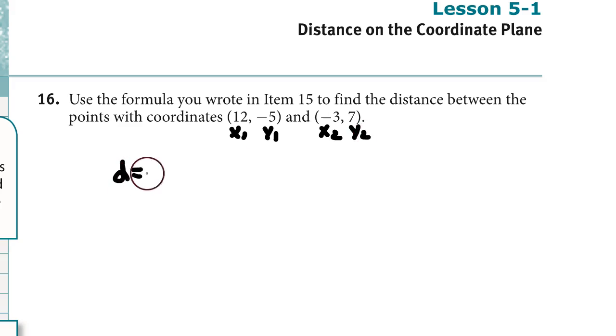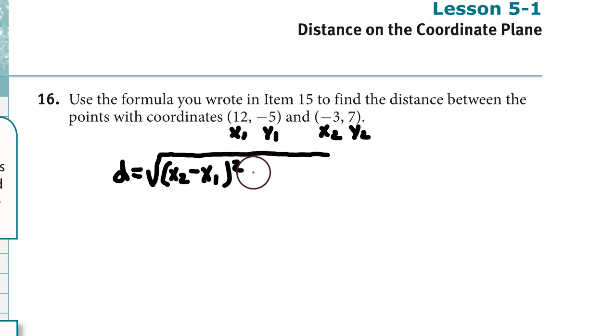The distance is equal to a big old square root symbol. And then inside here, x2 minus x1 squared plus y2 minus y1 squared. You have to correctly write that formula down to be able to get the rest of the problem right.